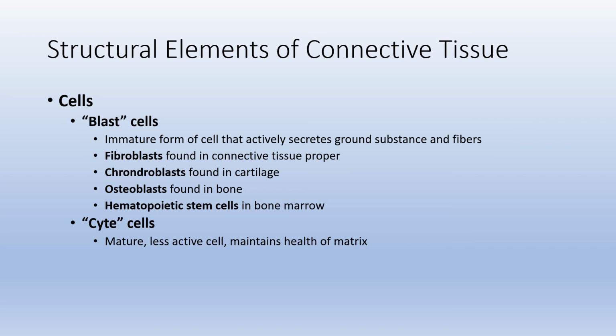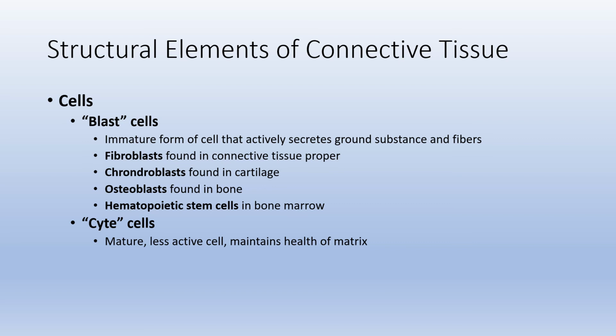Now, depending on what class of connective tissue we're talking about, the first part of that cell name will change. For example, the first class of connective tissue was connective tissue proper. In connective tissue proper, we will have fibroblasts. Fibroblasts are immature cells that will produce the extracellular matrix for connective tissue proper.